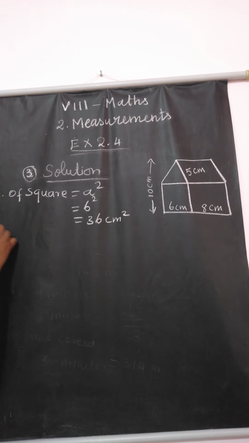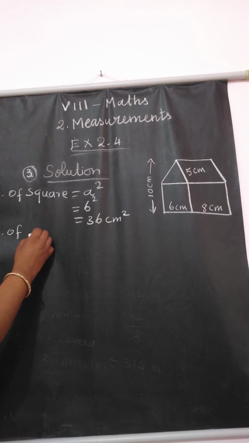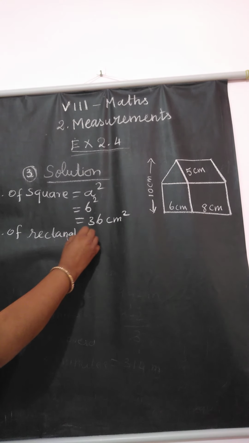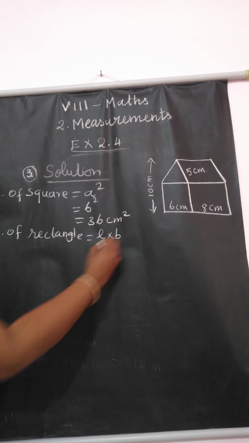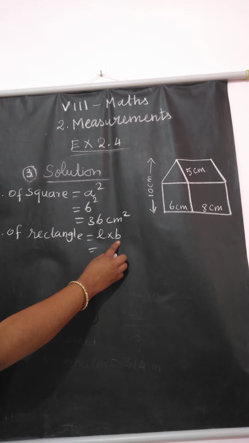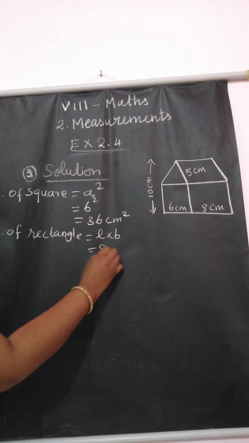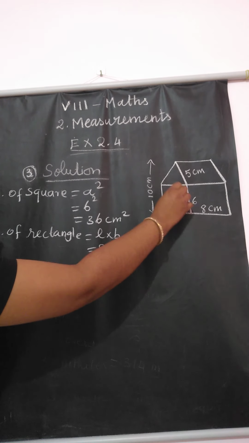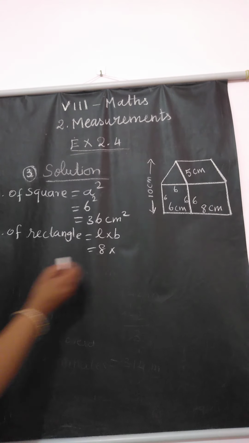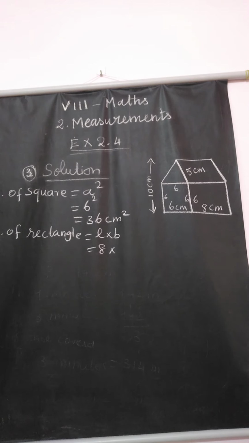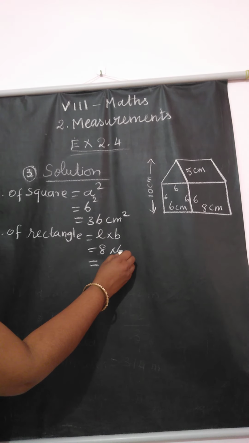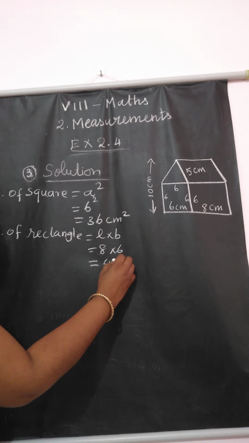Next I am going to identify the area of the rectangle. The formula is L into B, where L means length and B means breadth. The length is 8 centimeters, and the breadth is 6 only, because in a square all the sides are equal. So we should take the breadth as 6 centimeters. Now multiply: 6 8s are 48.